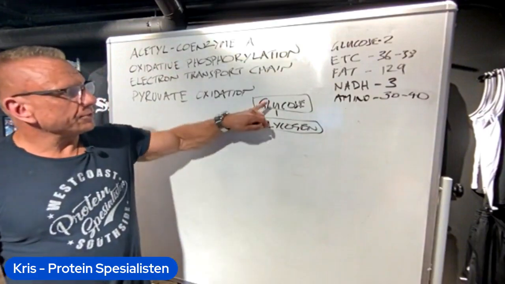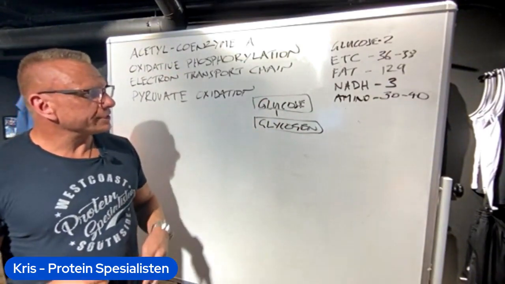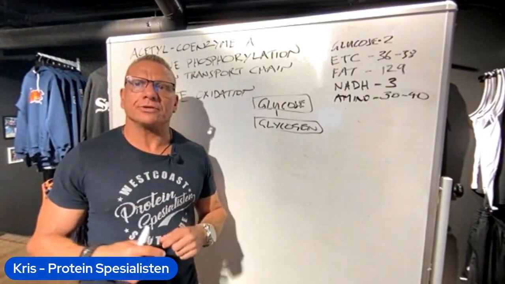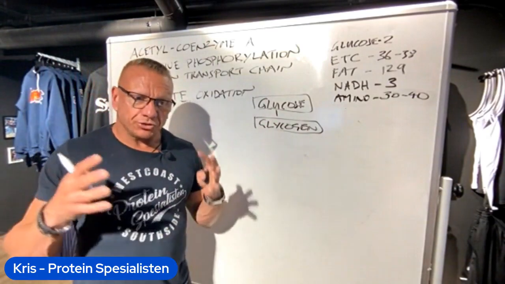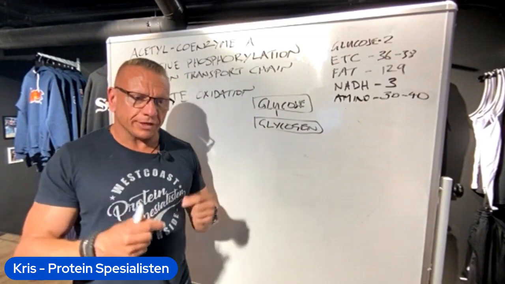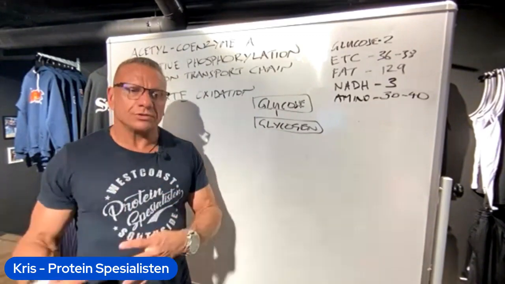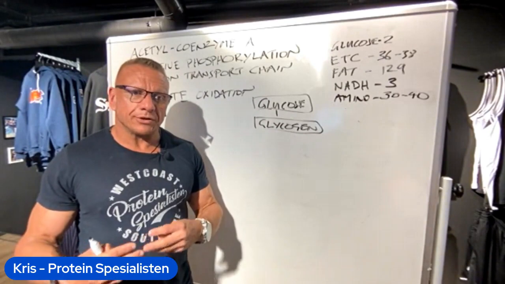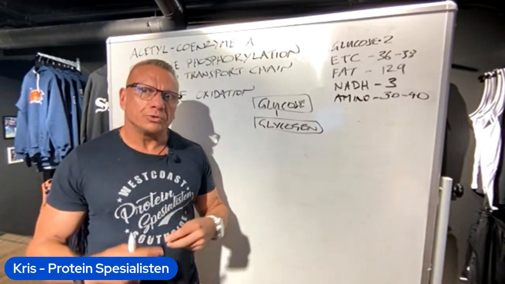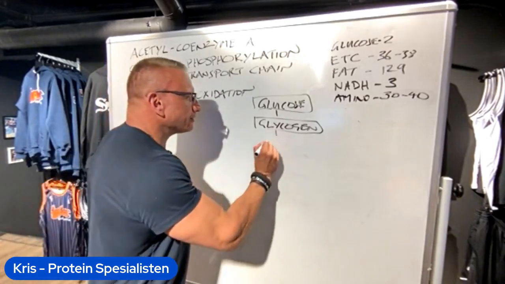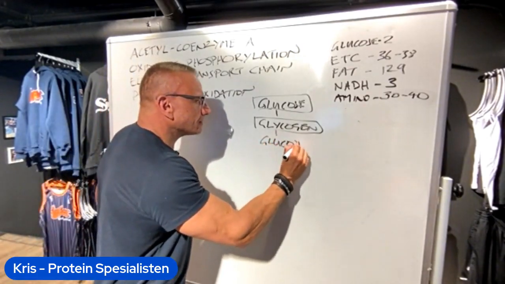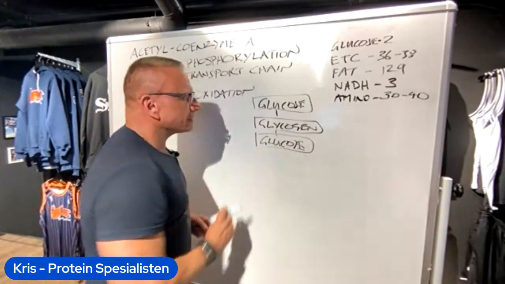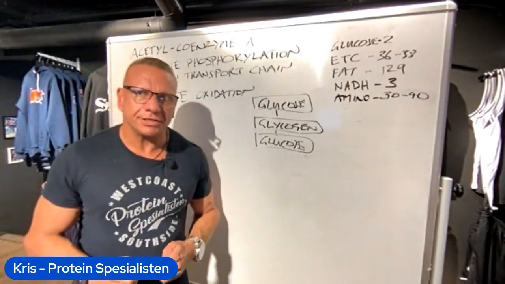Glycogen stores hold the sugar, but we don't actually use glycogen. We free it back up into glucose, and that glucose is then used as energy.